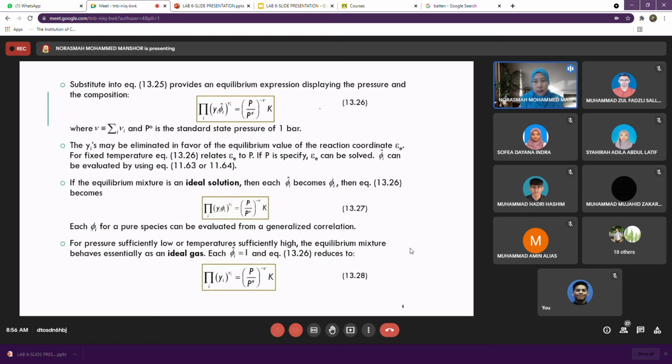So you get 13.26. The V is summation of Vi and P naught is the standard state pressure, which is equal to 1 bar.